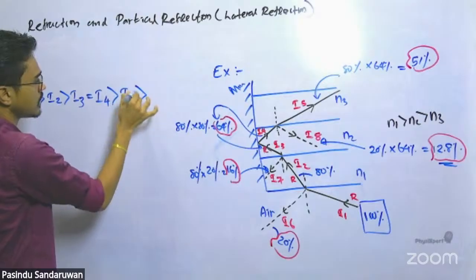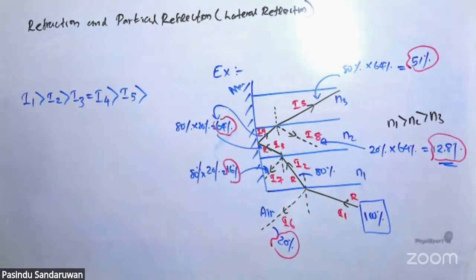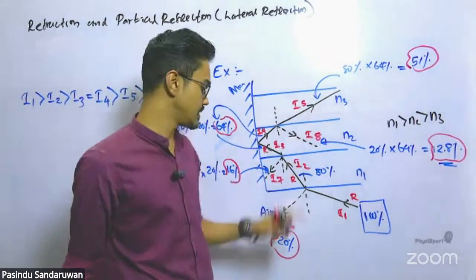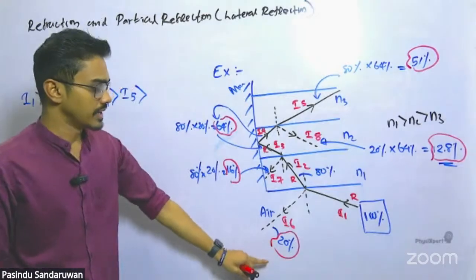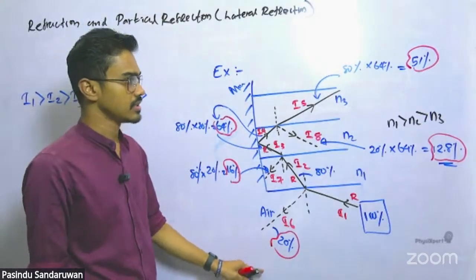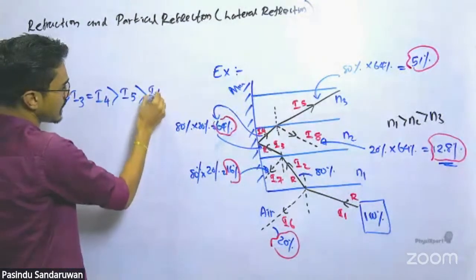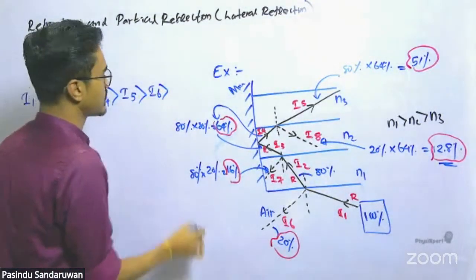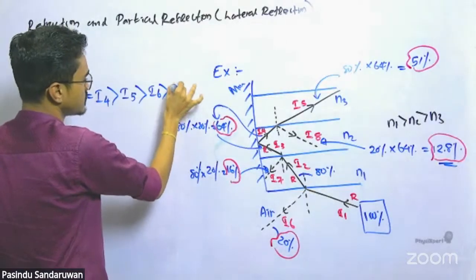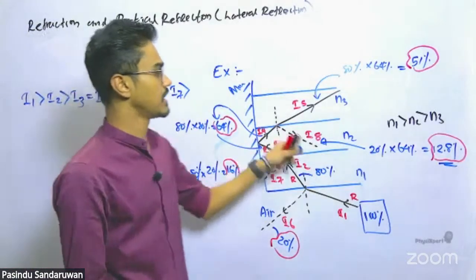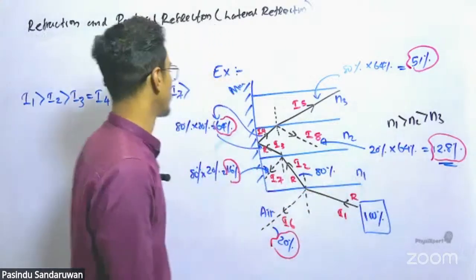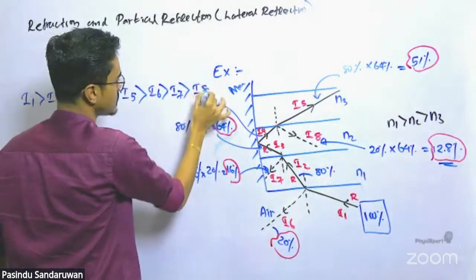And then 20, I6, and then 16, I7. And finally 12.8, I8. So this is the order.